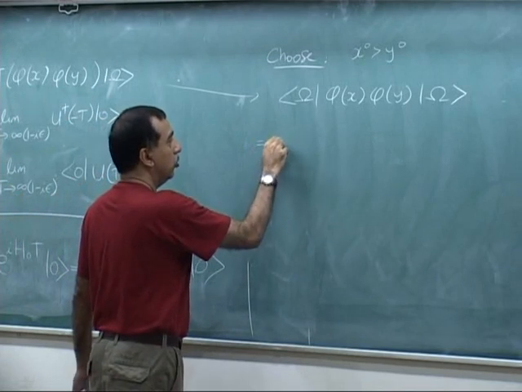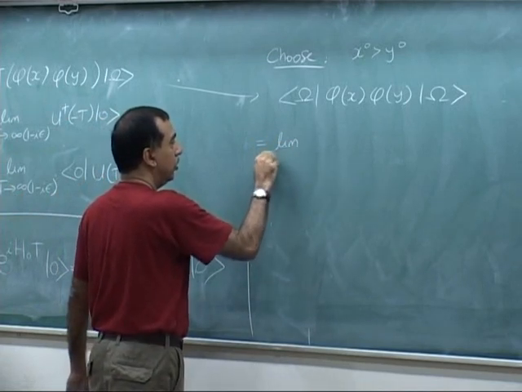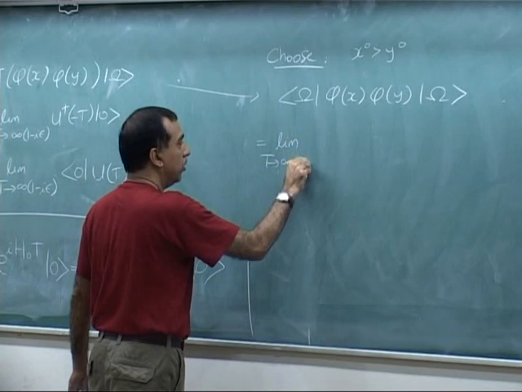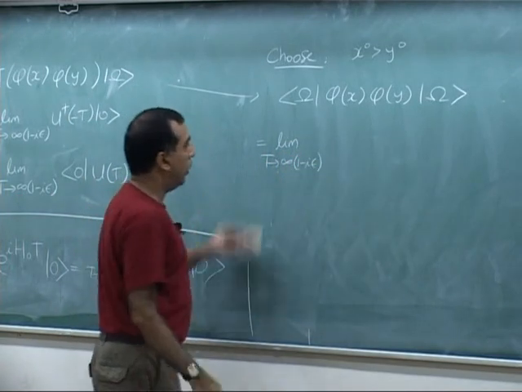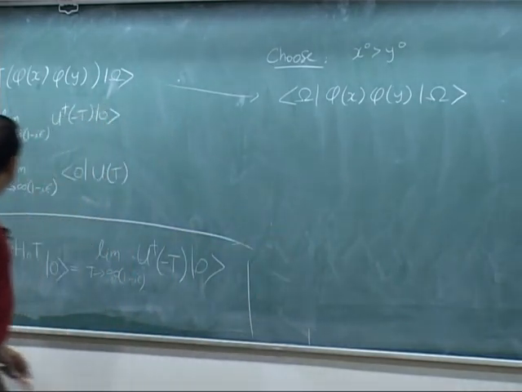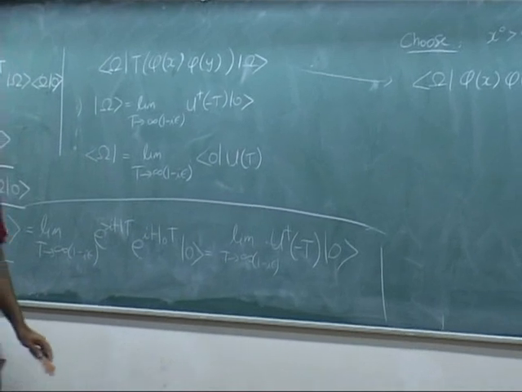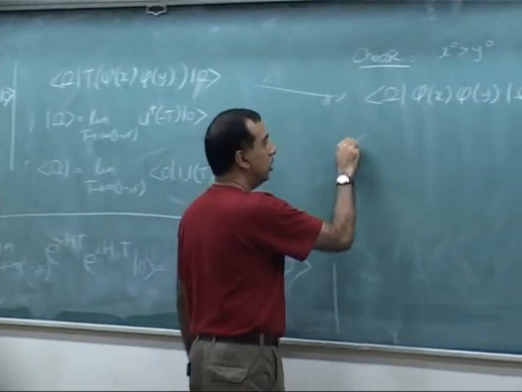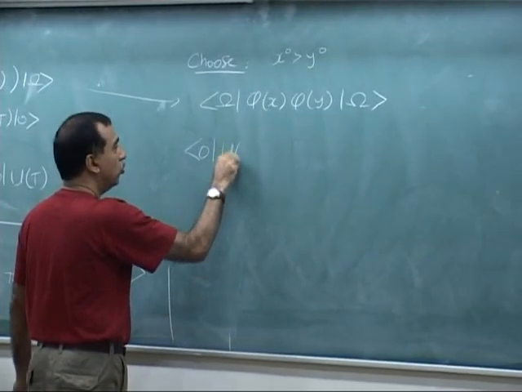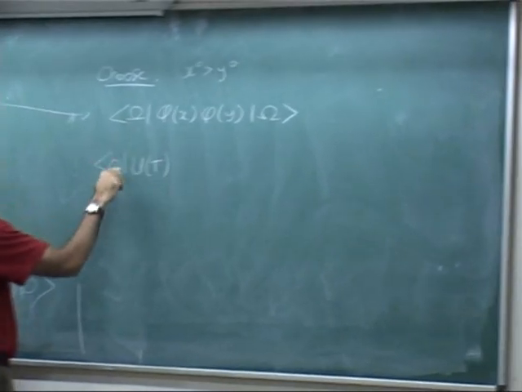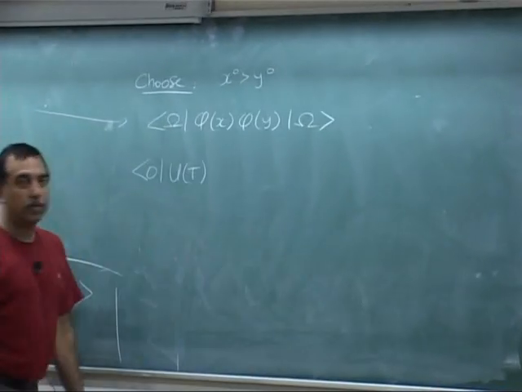This is equal to the limit t goes to infinity 1 minus i epsilon. In fact, I'm not going to write this limit anymore. Whenever you see the symbol capital T, just assume that it goes to infinity times 1 minus i epsilon. Okay? So this is 0, U of t. What is phi in terms of the free field?